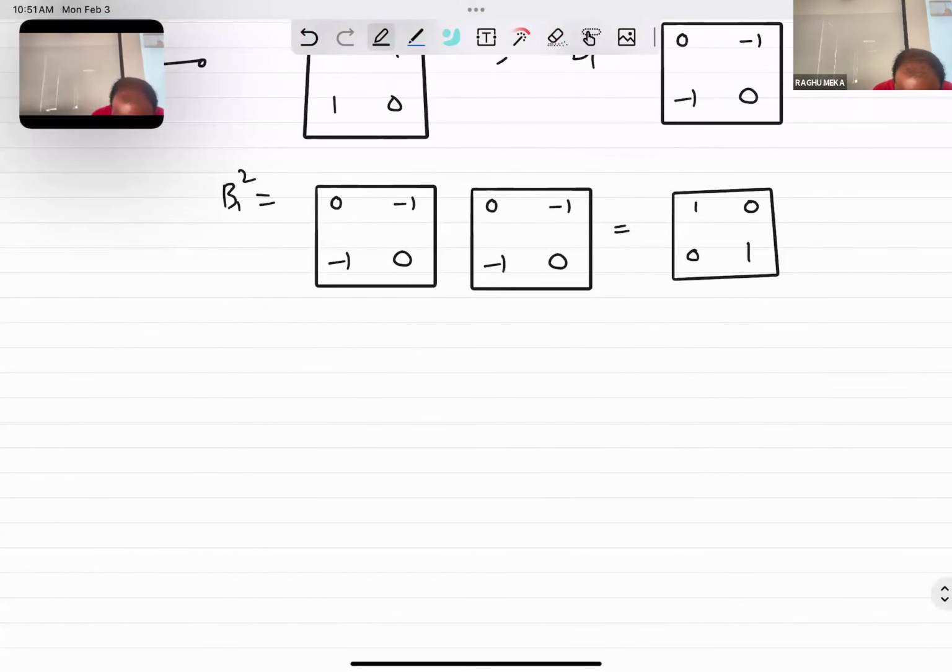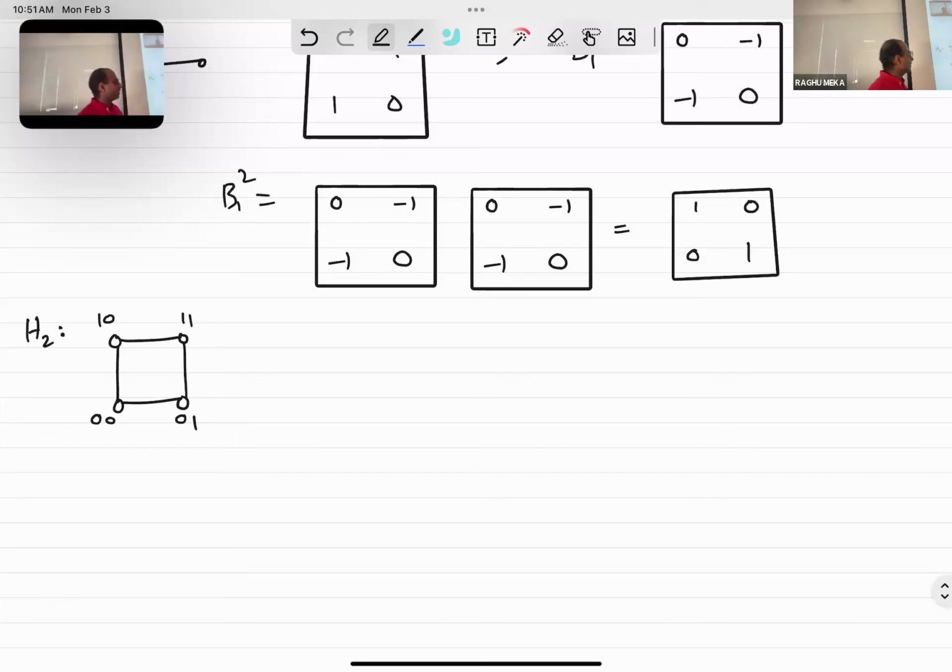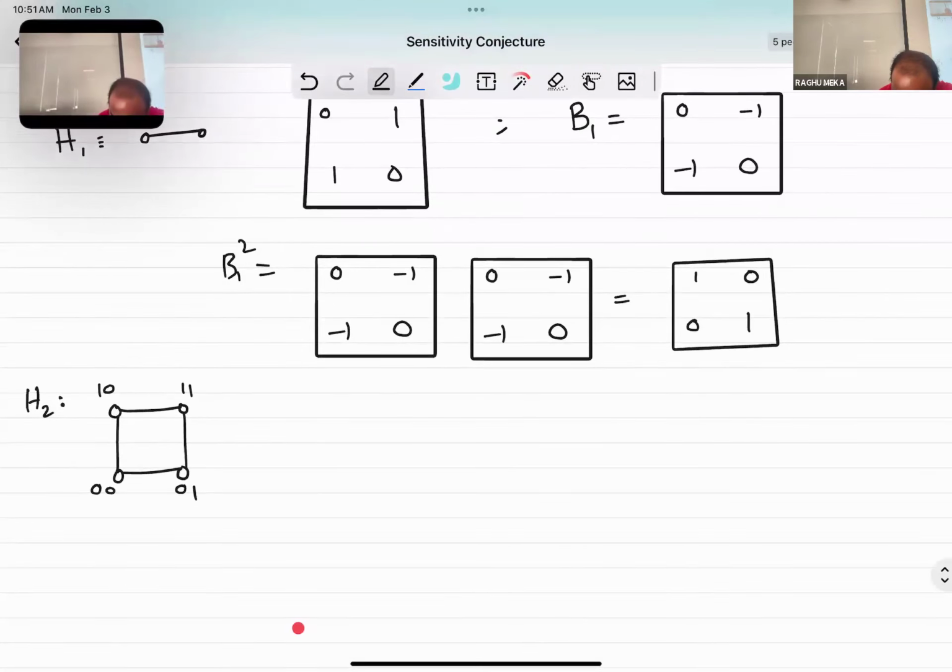Now let's do H2. We already saw one signed adjacency matrix, but I want to show you the more step-by-step version so that we identify a pattern. So this is the graph. The vertices are bit strings of length 2, and these are the edges. And what's the adjacency matrix?